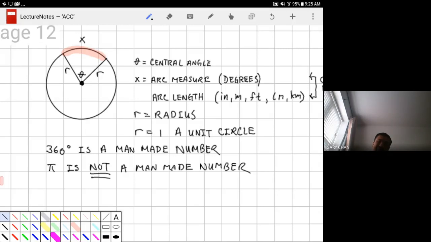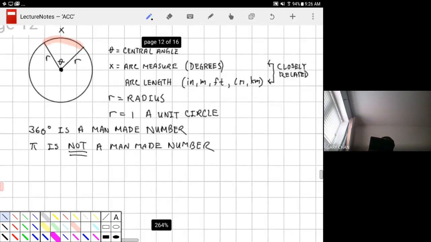But the number 360 degrees, that is a man-made figure. Because of this, it is actually way more natural for mathematicians to think of the arc measure of a circle rather than a degree measure. So let me write that idea down.